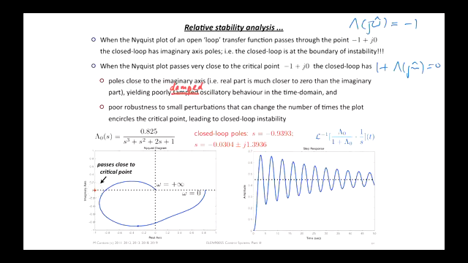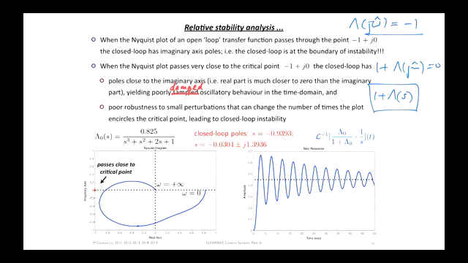In other words, this function will have a zero on the imaginary axis. But the zeros of this function are the closed loop poles. And so if you've got a situation like this, you're going to end up with a pair of closed loop poles on the imaginary axis. They'll always appear in a complex conjugate pair, because we're dealing with real rational functions, with the exception of possibly a delay.